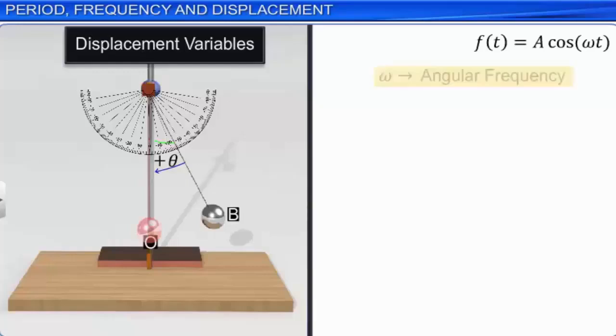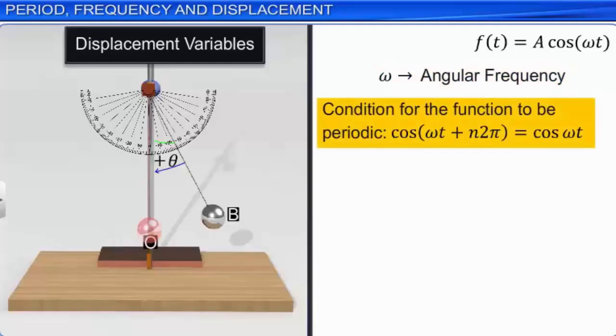in radians per second. The condition for the function f of t to be periodic is that if the argument of the function, which is omega t, is increased by integral multiples of 2 pi radians, the value of the function remains the same.